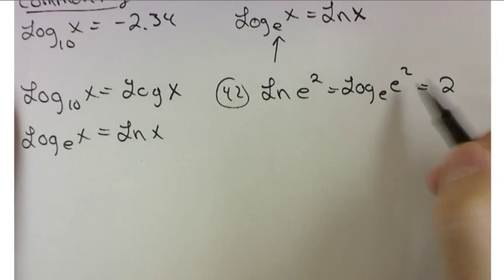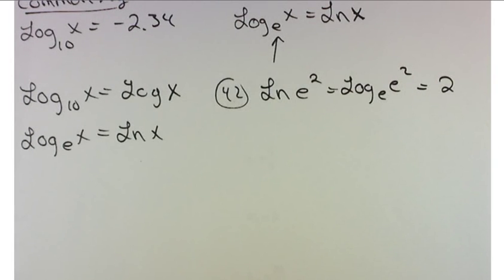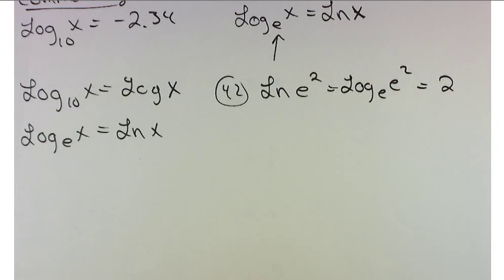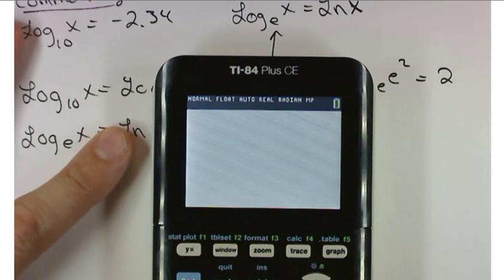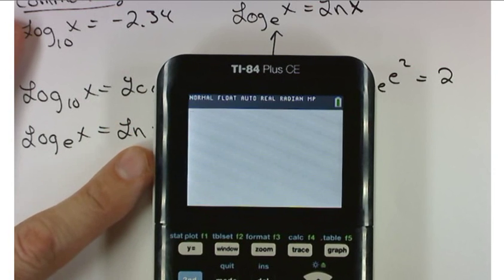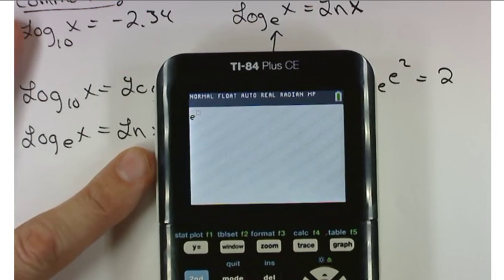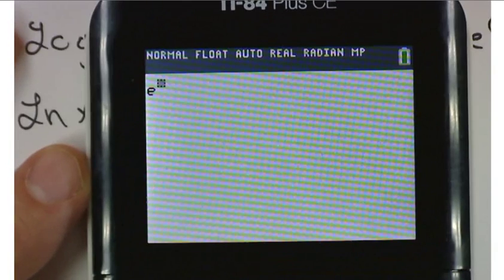So these two things just cancel and give me 2. That's kind of cool. Let's check it out this way. Let's calculate e squared on our calculator.